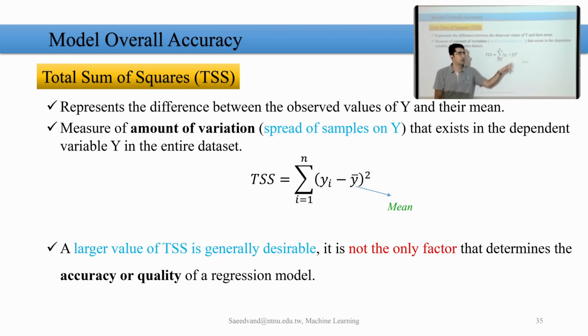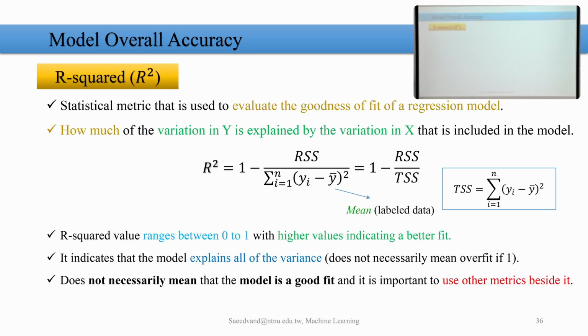So when you calculate the differences between the labeled Y data and the mean, you get the amount of variation that you have. For the TSS metric, a larger value is greatly desirable. We should also consider that this is not the only metric that we can look at to say our model, our data or our prediction is good or bad. We need to use it in conjunction with other metrics.